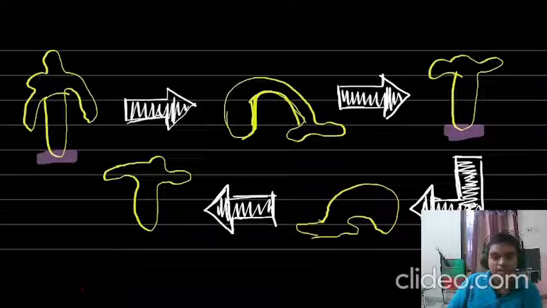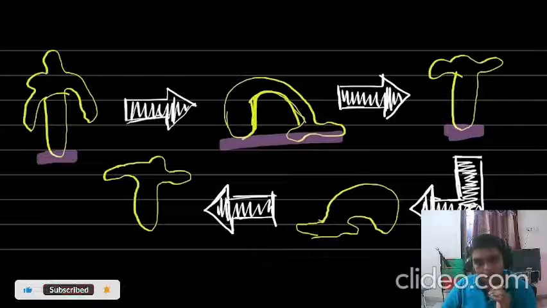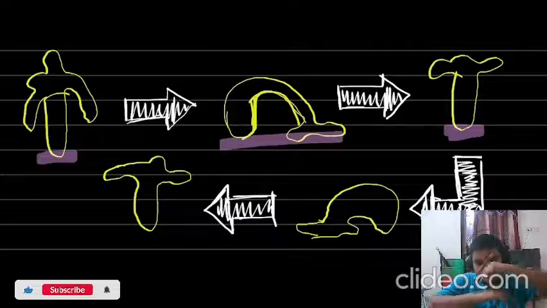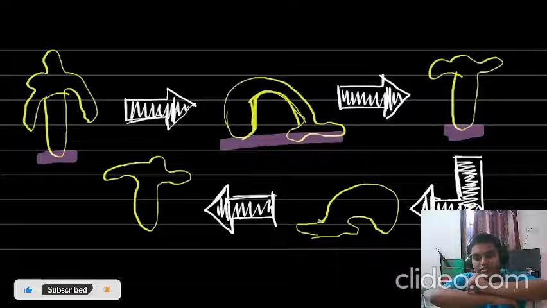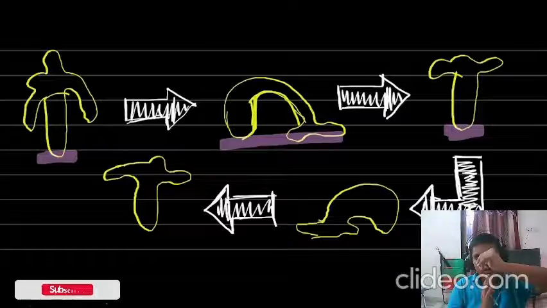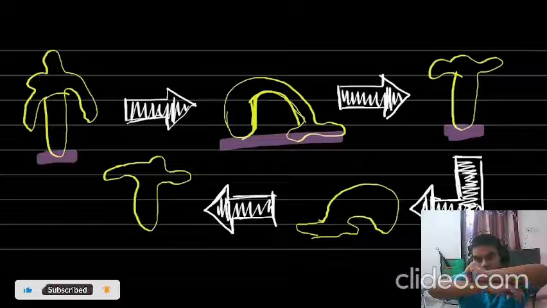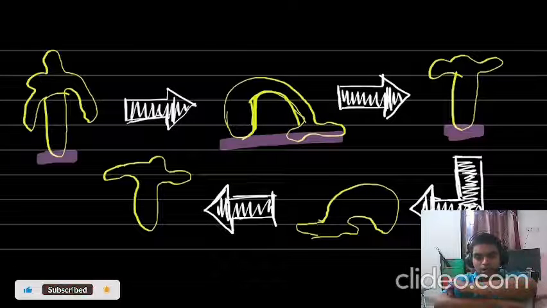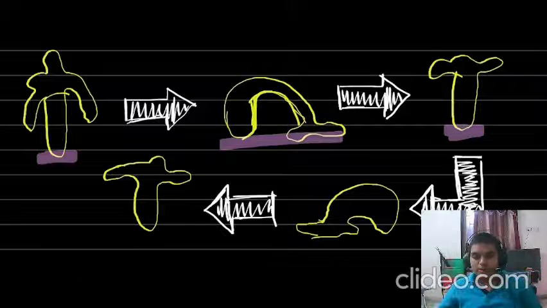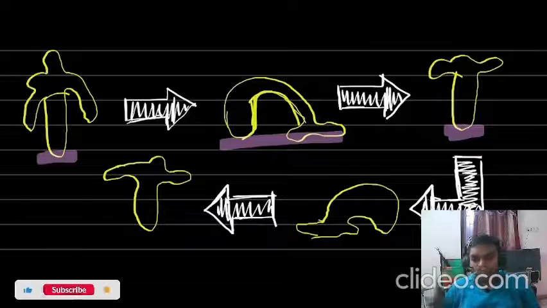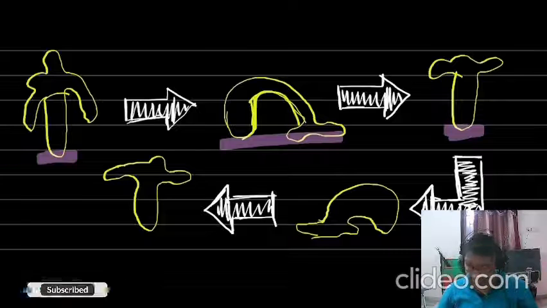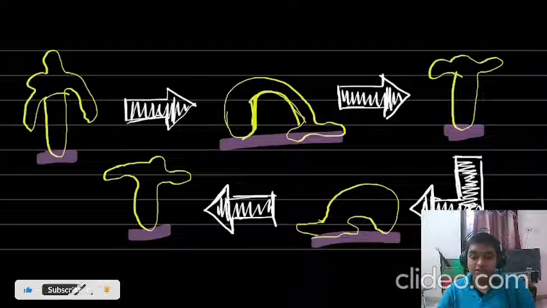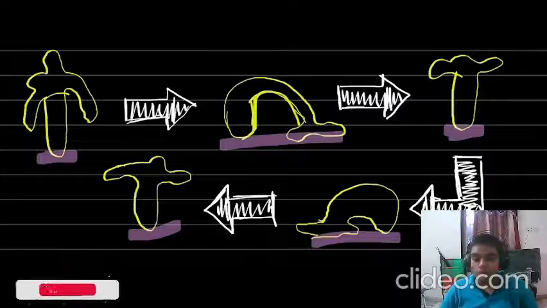It attaches its mouth to the substratum, but here it does not get inverted. When it is attached to the substratum, it pulls the back body part. See this, like this. It pulls, it becomes upright. It bends, pulls, upright. Bends, pulls, upright. Like this, loops are formed by the Hydra in order to move. So that is why it is called looping movement. Only this stage is the difference between the somersault movement and this looping movement.